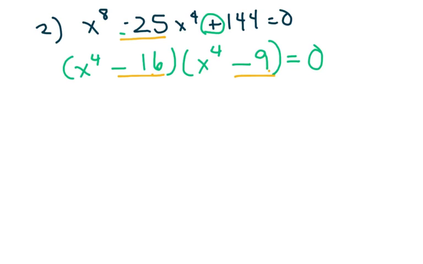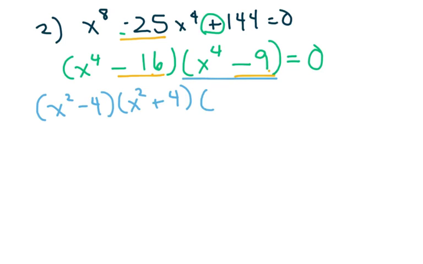So I'm going to use my difference of squares, and that's going to be x squared minus 4 times x squared plus 4. And this one's going to be x squared minus 3 times x squared plus 3, just like we did on the previous slide.